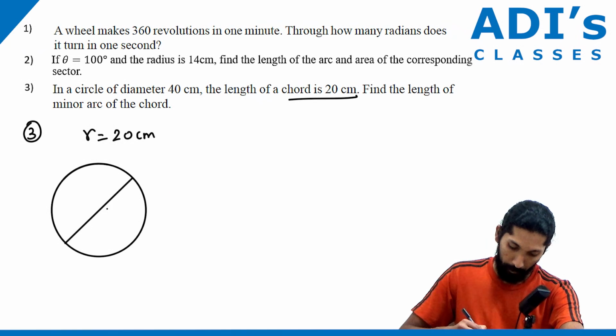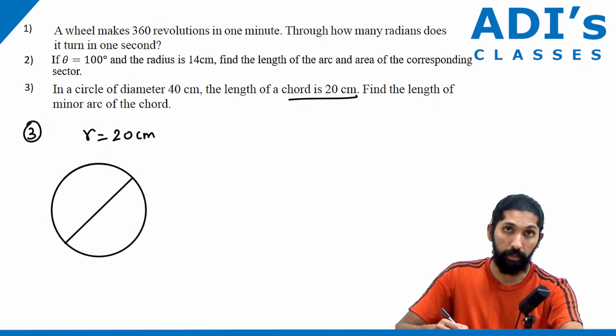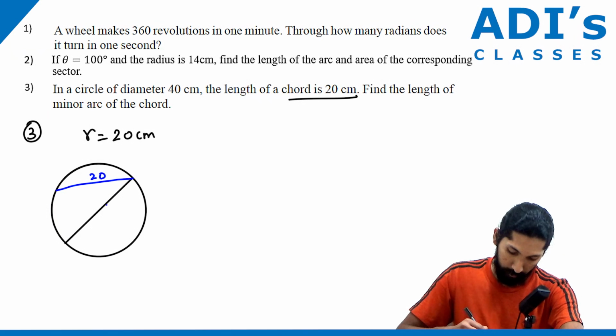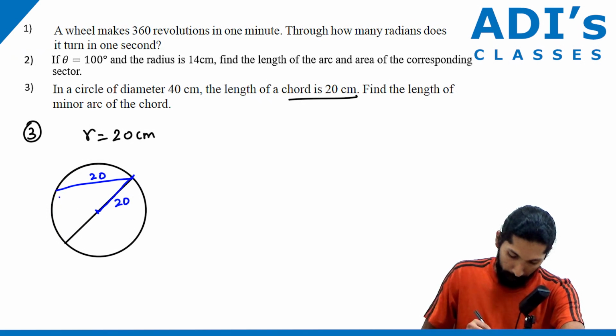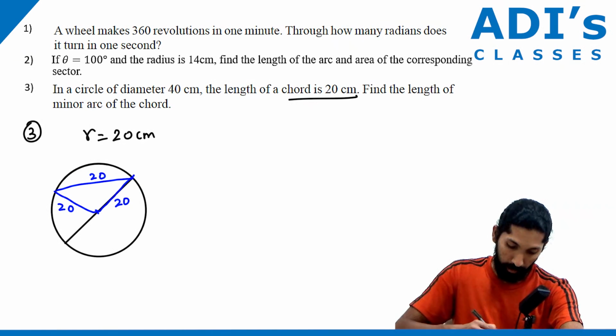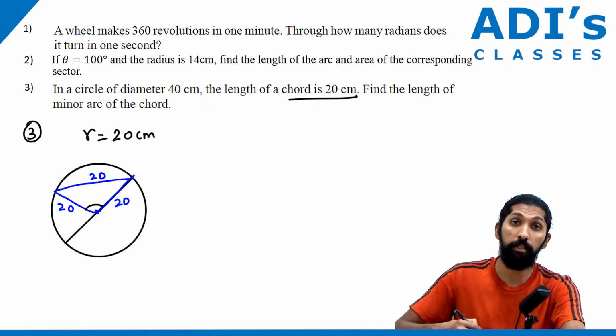Okay. The length of the chord is also 20. Correct. Alright. So being this as the radius, let's say we are going to write a chord something like this, which is 20. And from here to here, this is also 20. This will also be 20. Correct. Find the length. So what is the central angle? 20, 20, 20. Don't you think it's an equilateral triangle?